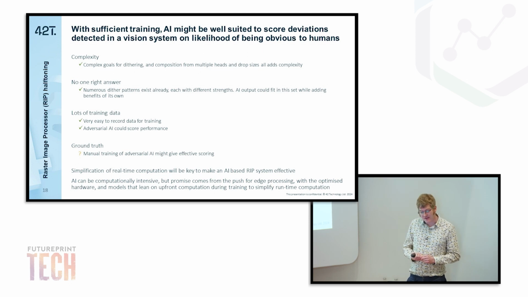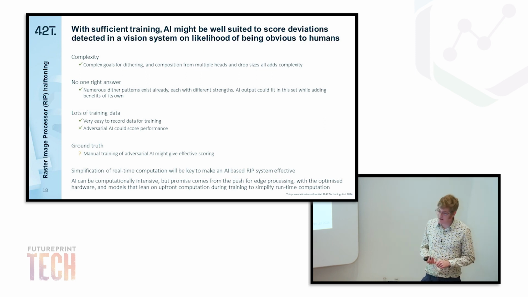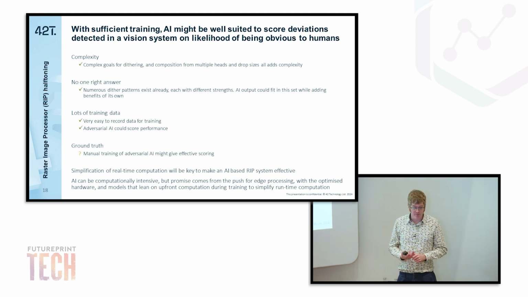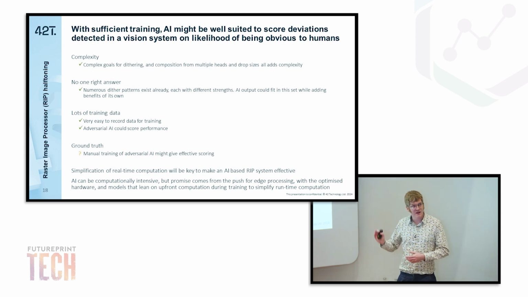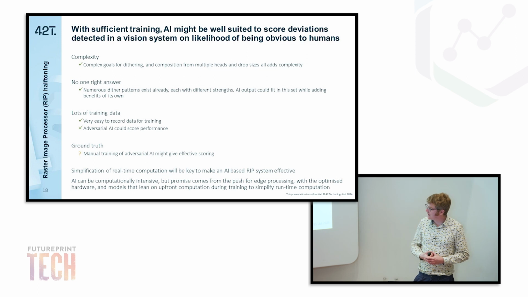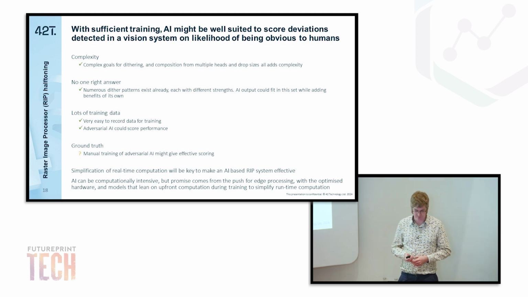It may be the case that for the majority of defects, so missing jets, banding, and color difference, you might actually find that once you've taken all that data and understood what you're looking for, that algorithmic assessment might actually outperform AI. But AI might give you a very good first step to finding that. And also it's worth noting that during commissioning, where you're printing test cards and things, this sort of approach could also be another good application.